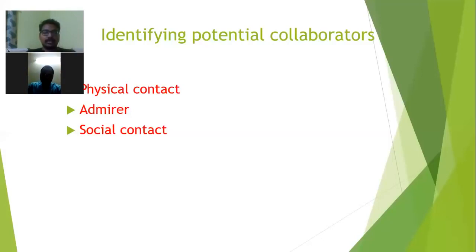So why am I saying that it is social contact, or if I have to name it in some other way, I would name it the surprise element. Why am I naming it a surprise element? Maybe you are going through your LinkedIn feed, and you find someone who has shared an article, saying I have just published this article in this and this journal.